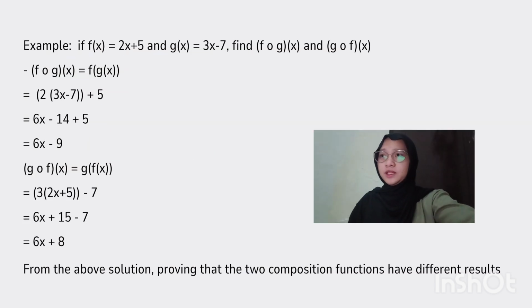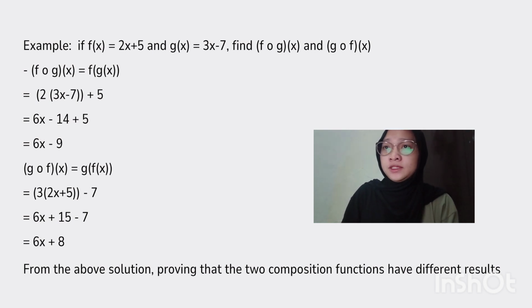For example, if f of x equals 2x plus 5 and g of x equals 3x minus 7, find f of g of x and g of f of x.